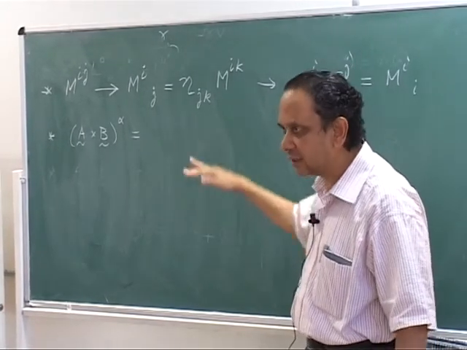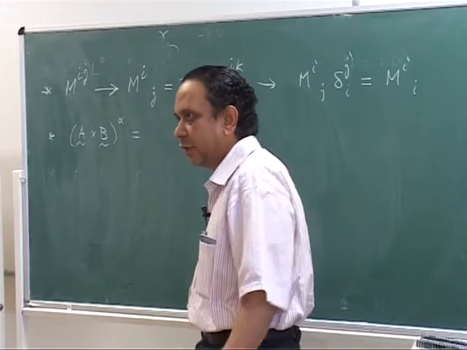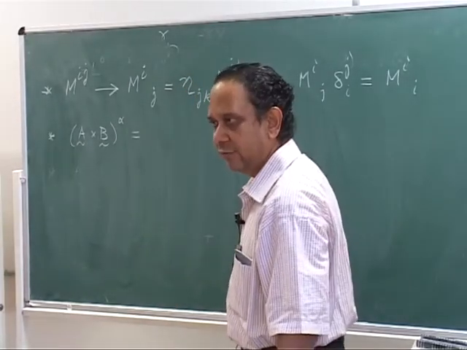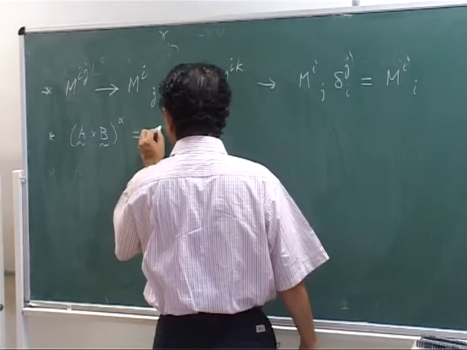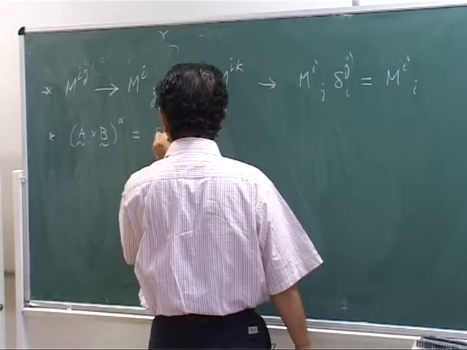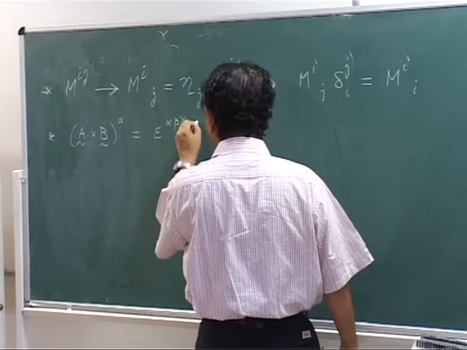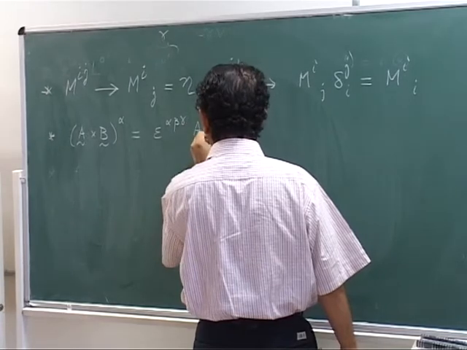That's the notation I will use. So, this is 3D, and you want to know the alpha component of this. You can write it down as epsilon alpha beta gamma A_beta B_gamma.